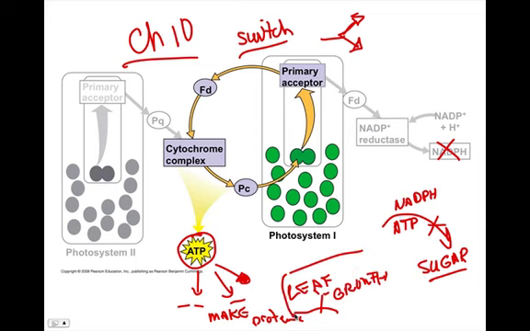So during leaf growth, early leaf growth, they might want to switch and not produce sugars, but just produce lots of ATP, and they can do that.